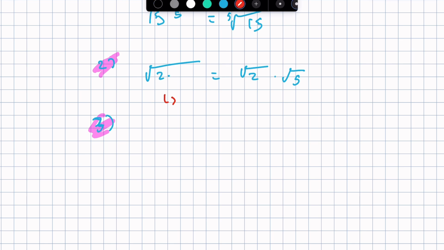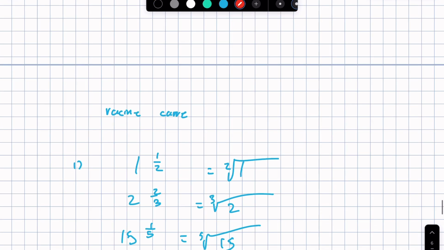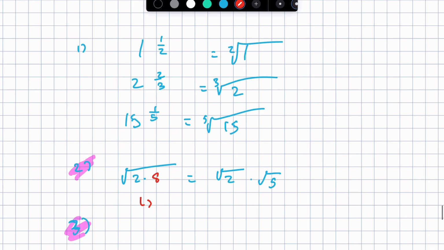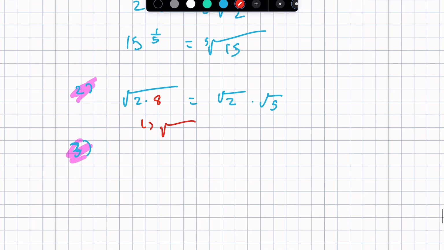Let's do something else, like, wait, let me bring my calculator. 8. 2 times 8, okay? You can do 16, and racine carrée of 16 is 4, okay?